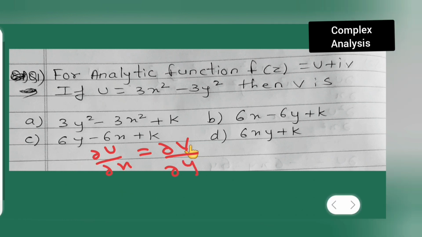Let me give you, this is 6x is equal to what it is. This is by Cauchy-Riemann, okay? This is given for an analytic function f(z) is equal to u plus iv.